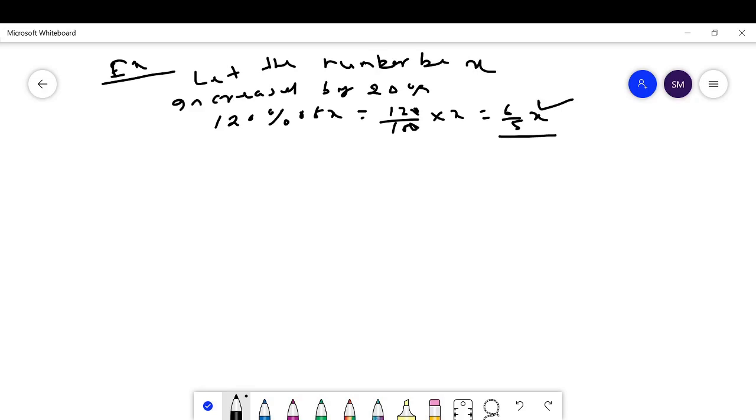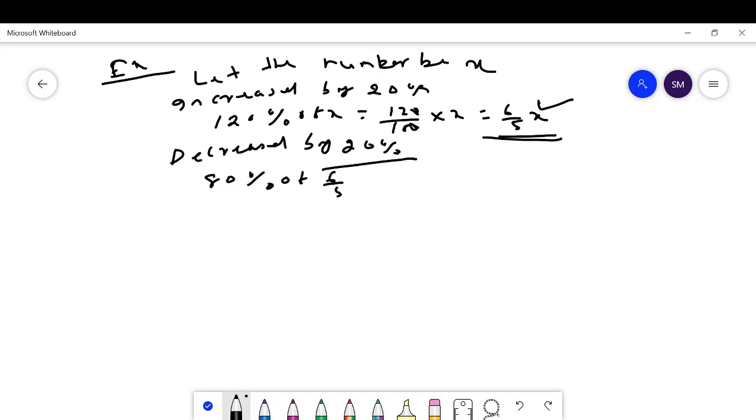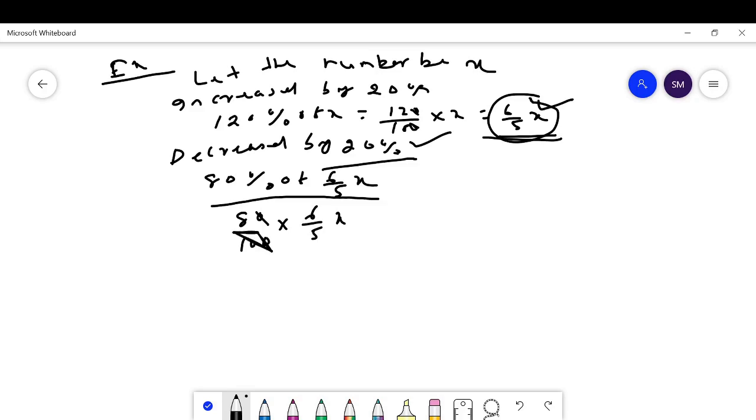Then it says decrease, so this number is decreased by 20%. Decreased by 20% means it becomes 80%. This means 80% of 6 upon 5 x, which is 80 upon 100 into 6 upon 5 x. 0, 0 cancel.